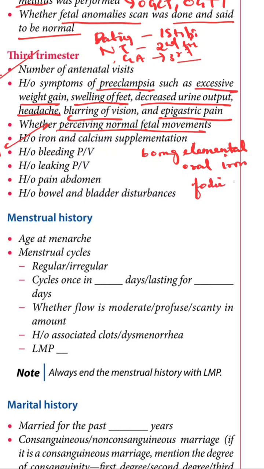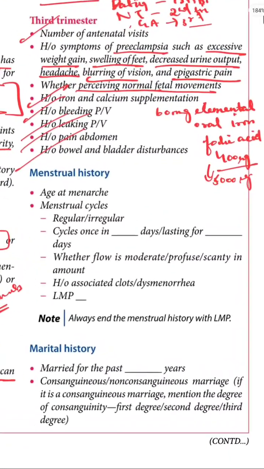Ideally 400 microgram, but it can also be given as 500 microgram. All these doses should be learned properly, and you need to know all the doses. Next is history of bleeding PV, leaking PV, pain in abdomen, bowel and bladder disturbances, all should be asked.